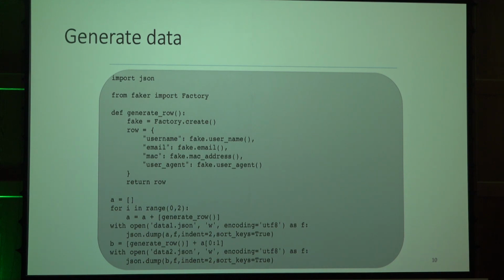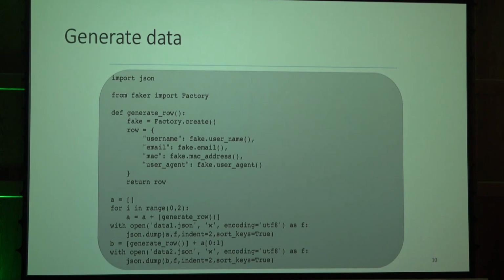And actually, in the previous talk, Anna was talking about using Faker with Django for testing, and that's a great method to get data for testing. Here we want to generate, in this example, a set of responses from a web server where it logs the users and the agents of the browsers that are visiting the page.